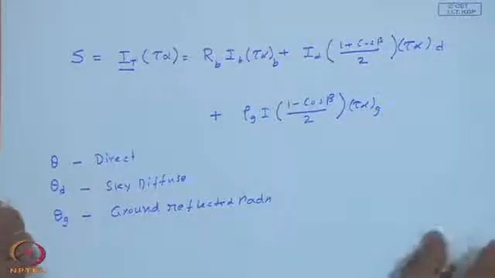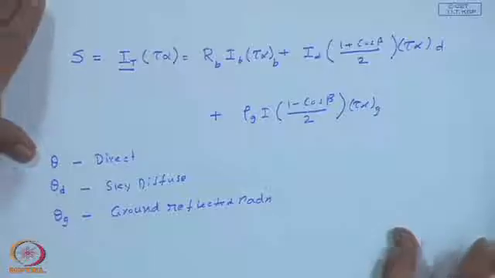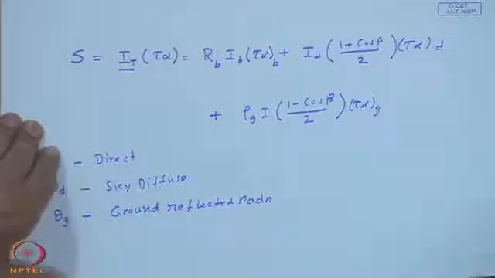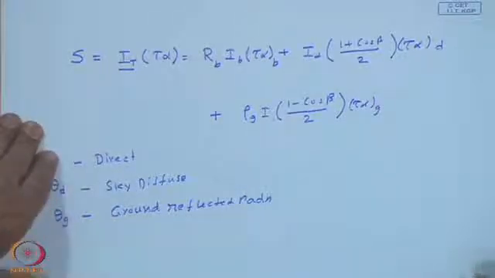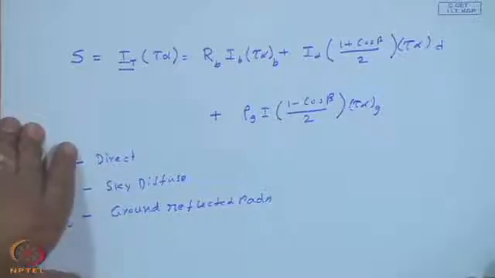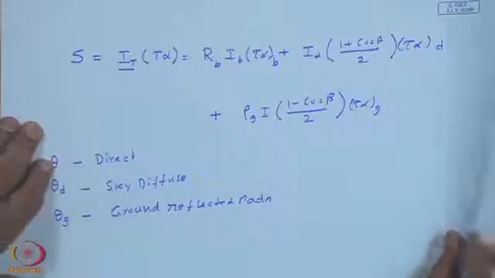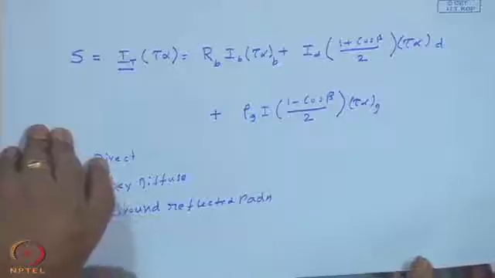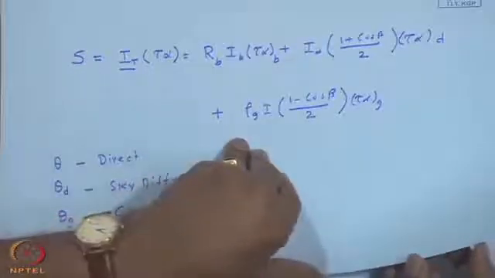So, now my total tau alpha is a summation of 3 components: tau alpha direct, tau alpha sky diffuse and tau alpha ground, associated with the corresponding components of the solar radiation striking the surface.